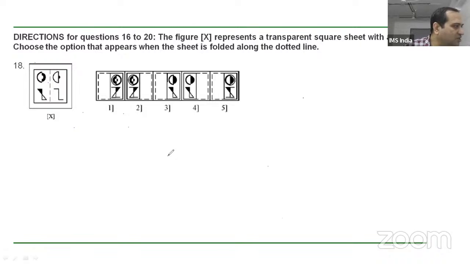Karthik, please check. Rest all others are correct. Correct, Karthik. You got it right now. Good.